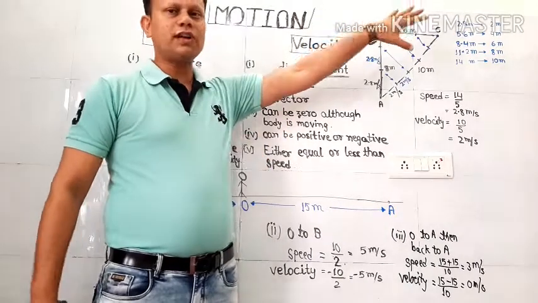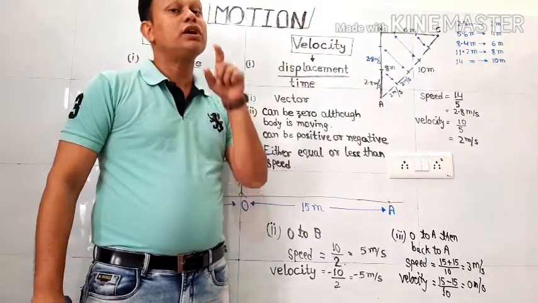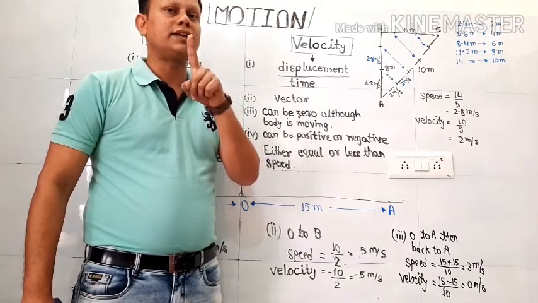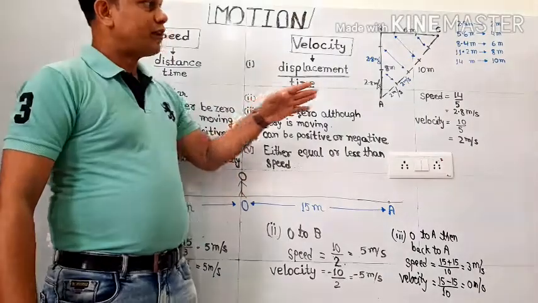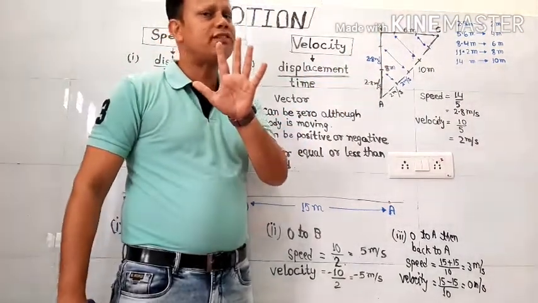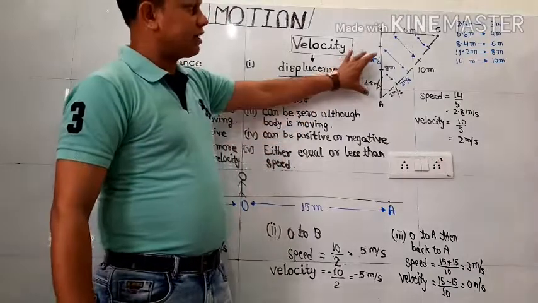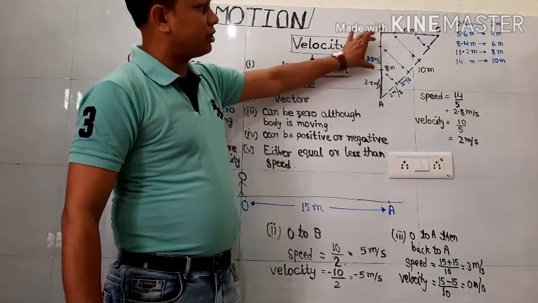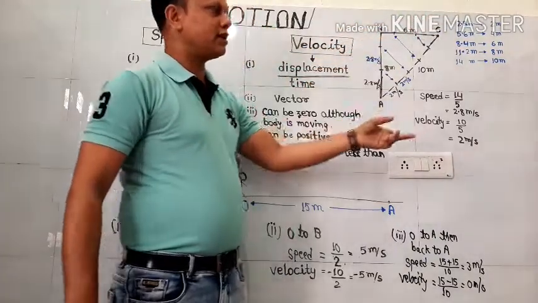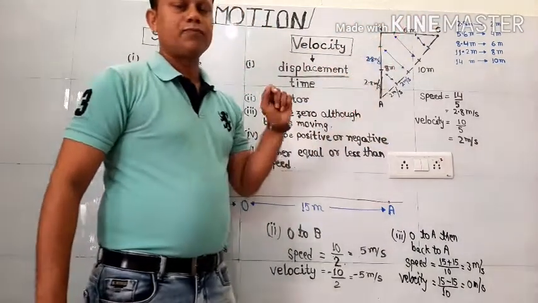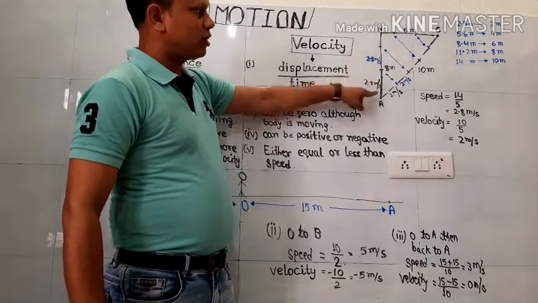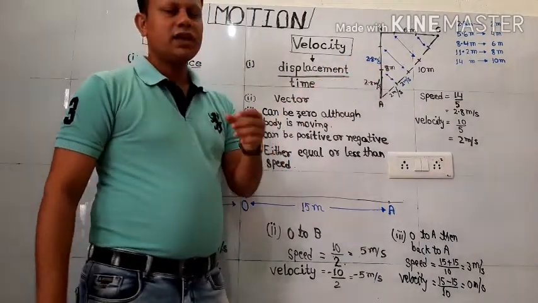Total distance is 14, but here we are concerned about the distance traveled on the actual path in unit time, that is 1 second. If I divide this whole journey into 5 equal parts, because there are 5 seconds, each length is 2.8 meter, 2.8 meter, 2.8 meter, 2.8 meter, 2.8 meter, and thus the total is 14 meter. But for speed, we are concerned about how much distance is being traveled in each 1 second.